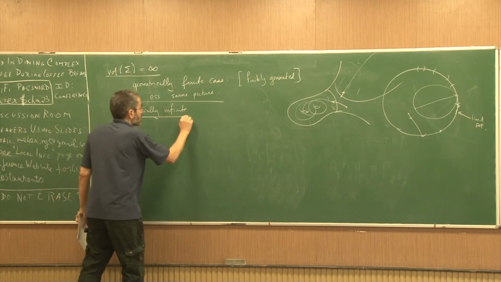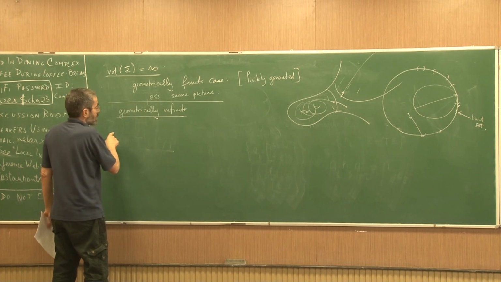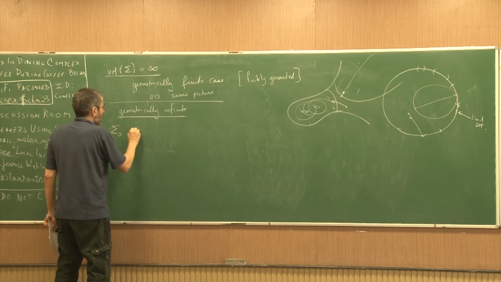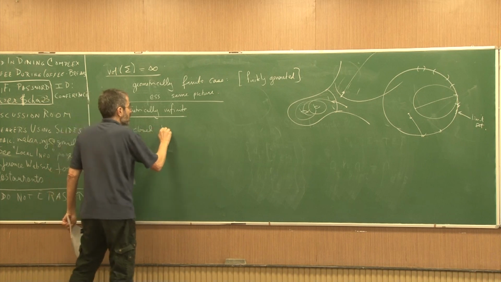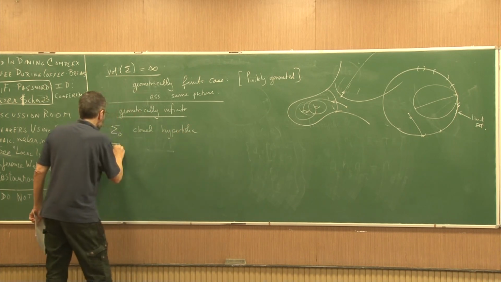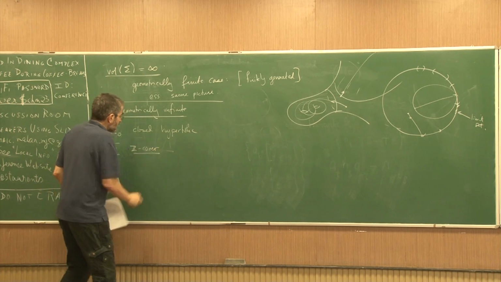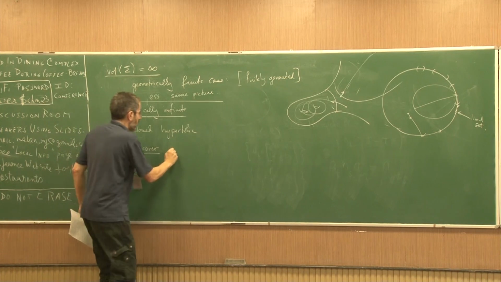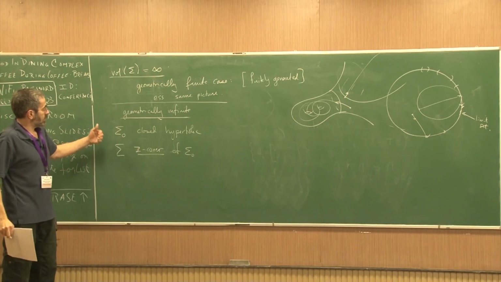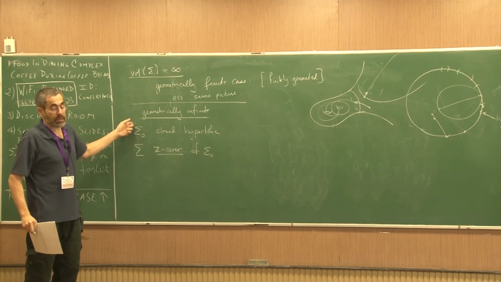So now here's what we're actually going to talk about. Let sigma 0 be a closed hyperbolic surface. And let sigma be a Z cover of sigma 0, which just means that sigma admits an infinite cyclic action by isometries whose quotient is sigma naught.